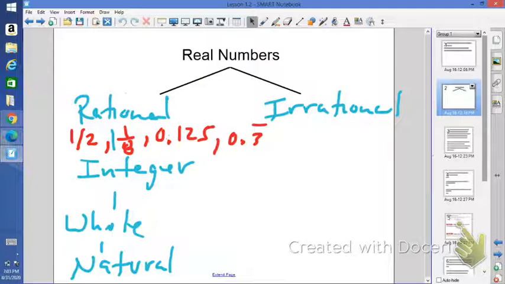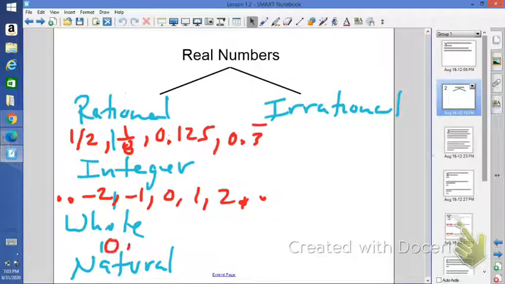Integers. What are integers? They're the positive and negative counting numbers and 0. So for instance, -2, -1, 0, 1, 2, and so on are integers. Whole numbers is a set of numbers that does not include the negative counting numbers.